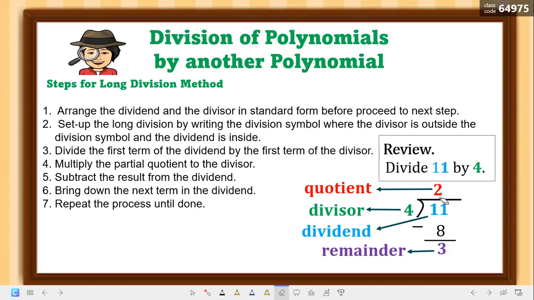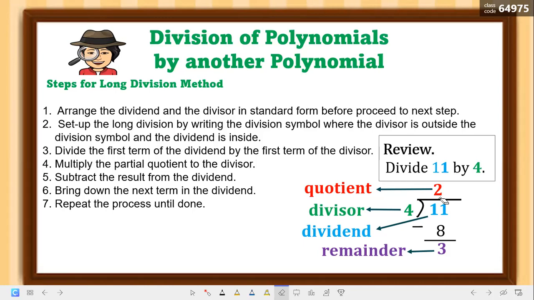Set up the long division by writing the division symbol where the divisor is outside the division symbol and the dividend is inside.